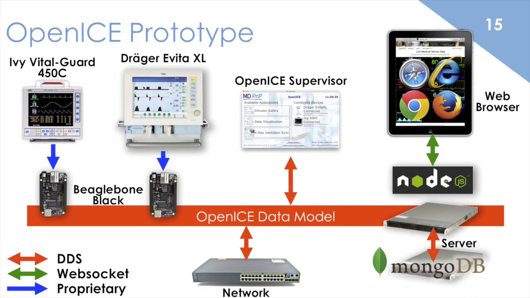And now you'll see that this maps directly back to the previous slide. So this is what's going on kind of beneath the surface of that demonstration that you can see at openice.info.